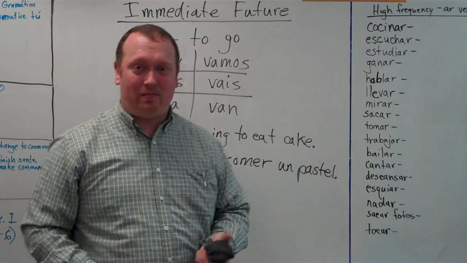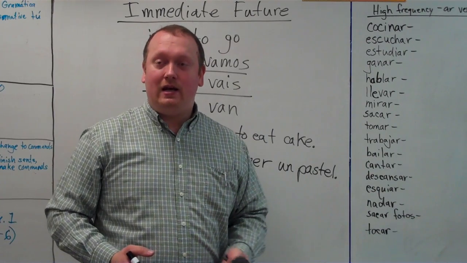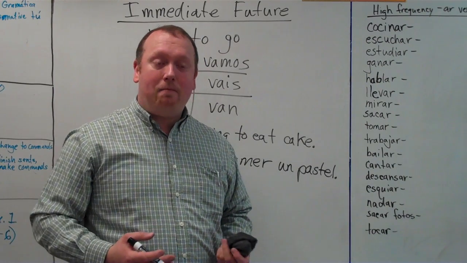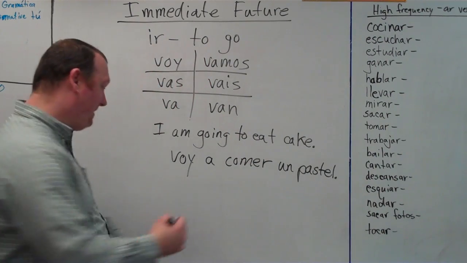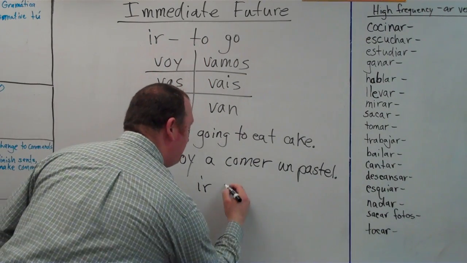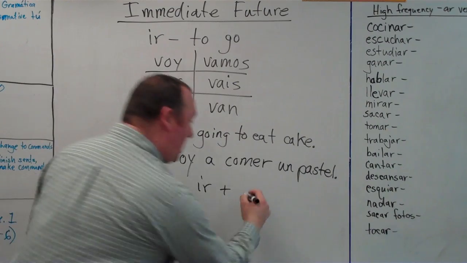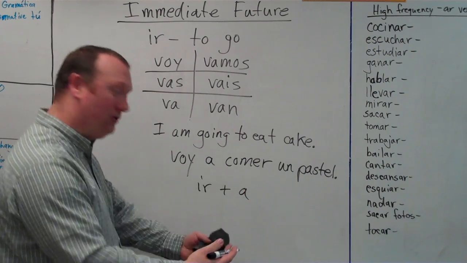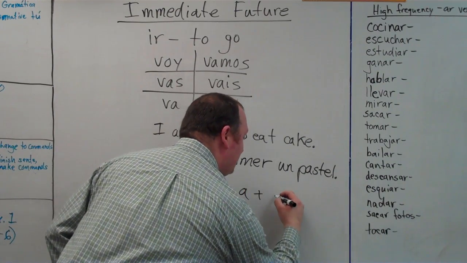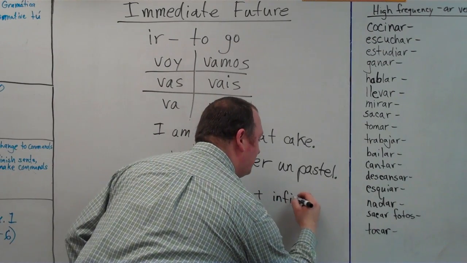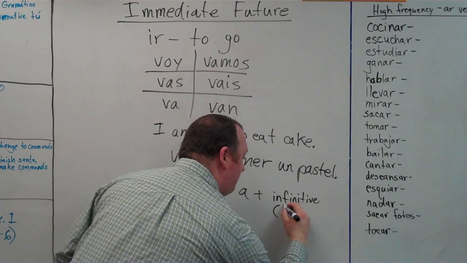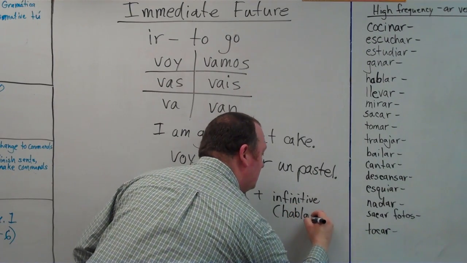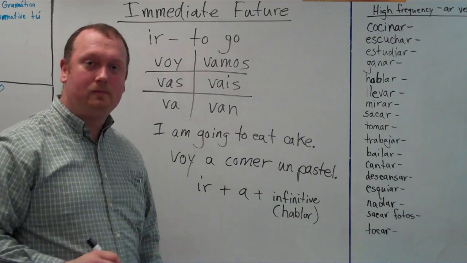So if you're a mathematical person, you may benefit by knowing that there's sort of a formula. You can use a form of the verb ir plus the word a, which is to, going to, and then plus the infinitive. Like, for example, hablar. Okay?